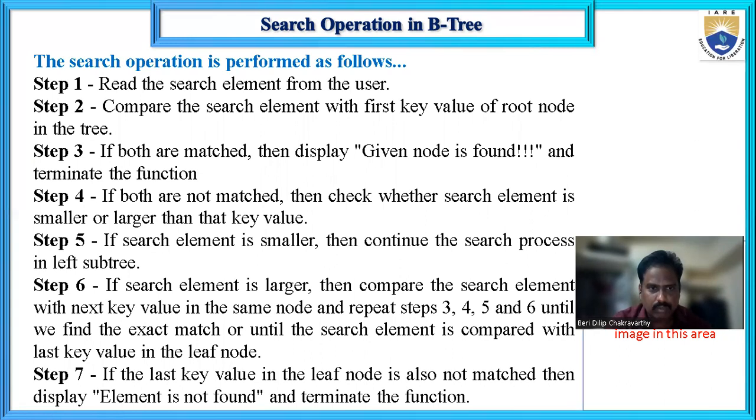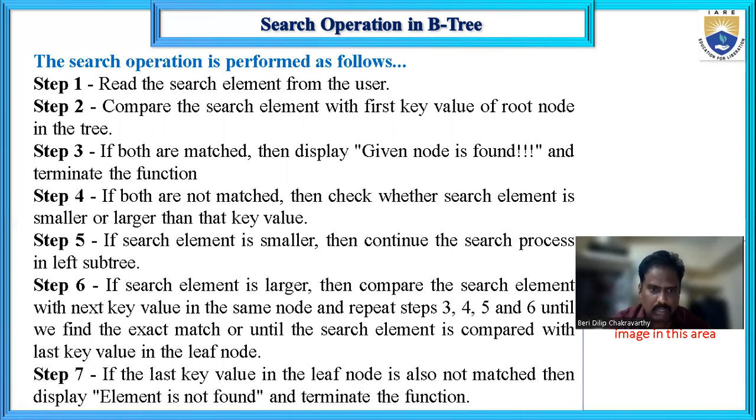Otherwise, if both are not matched, then check whether the search element is smaller or larger than that key value. If the search element is smaller, then continue the search process in the left subtree. If the search element is larger, then compare the search element with the next key value in the same node and repeat the steps until we find an exact match.